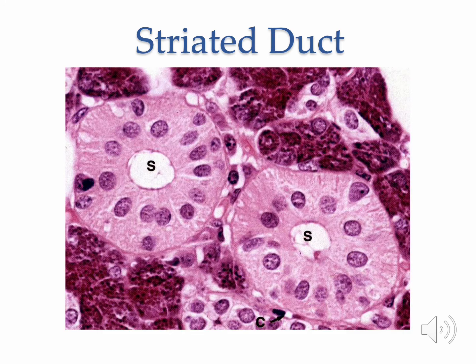The striated ducts are also composed of one cell in thickness, but these cells have a larger, more columnar appearance in comparison to the intercalated ducts, and they have much more cytoplasm. The nucleus, again, is centrally located, and the cytoplasm has a very striated appearance, almost like a hairy-like appearance to it.